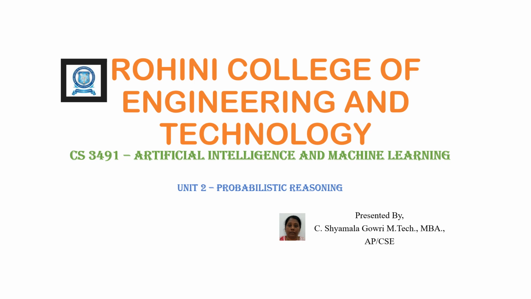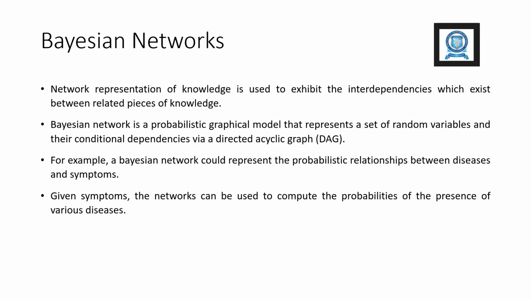Unit 2, Probabilistic Reasoning. In this presentation, I'm going to explain what Bayesian networks are. Network representation of knowledge is used to exhibit the interdependencies which exist between related pieces of knowledge.